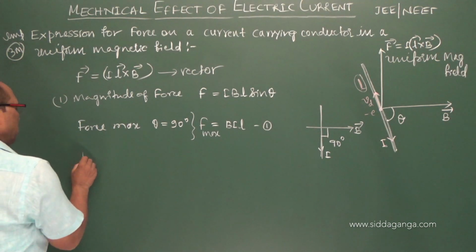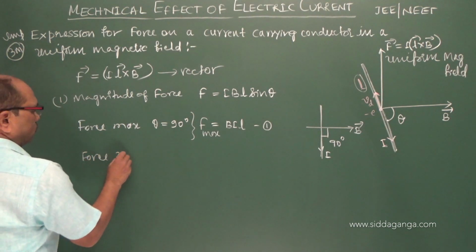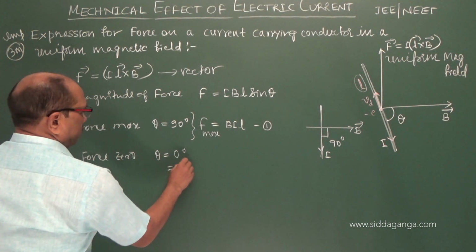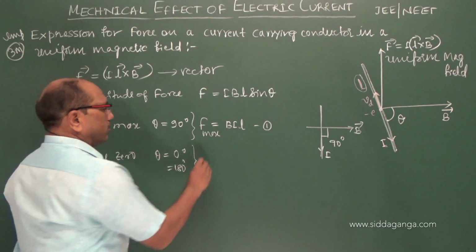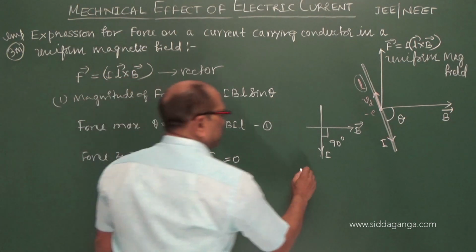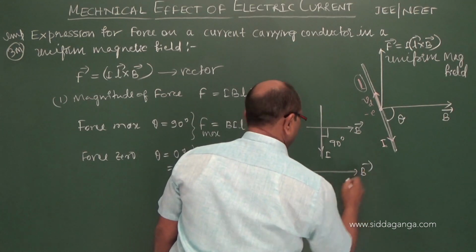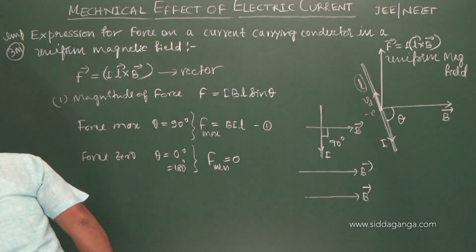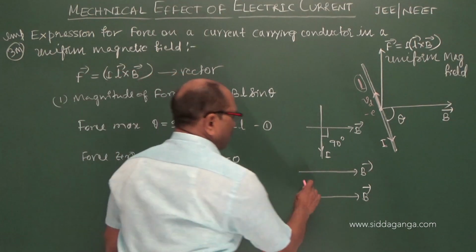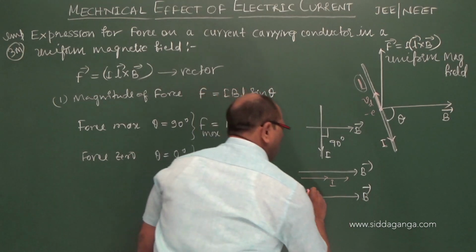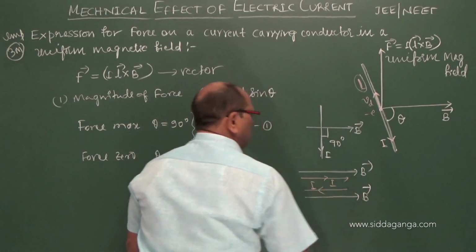Suppose force minimum or force 0, theta equal to 0 degree or 180 degree. Force becomes 0 if you place the conductor parallel to the magnetic field, that is, the current carrying conductor may be in the same direction or placed in the opposite direction.